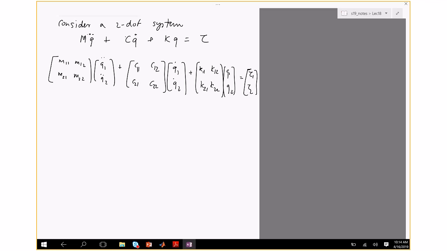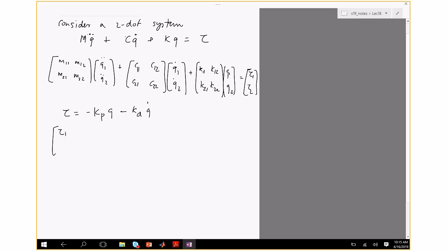Now if I ask you, can you take what we did for a 1 degree of freedom system and generalize it to 2 degrees of freedom? Well, you say torque equals, as I wrote down earlier, Kp Q minus Kd Q dot. What does this look like?